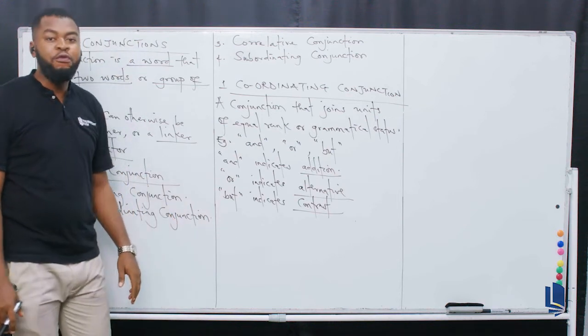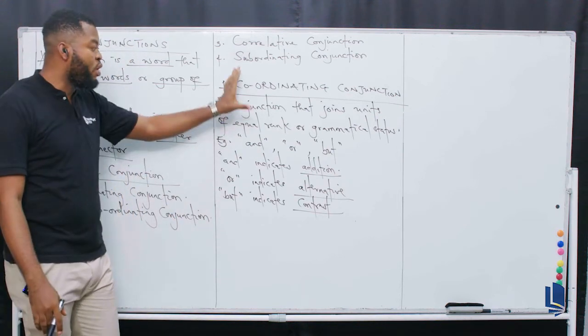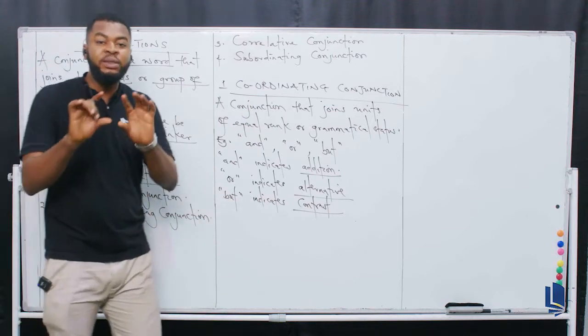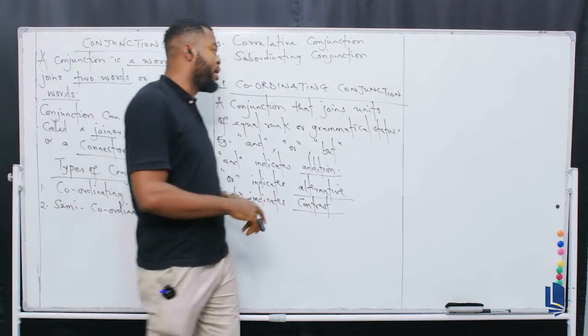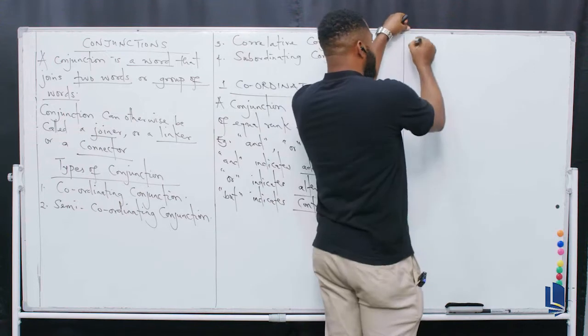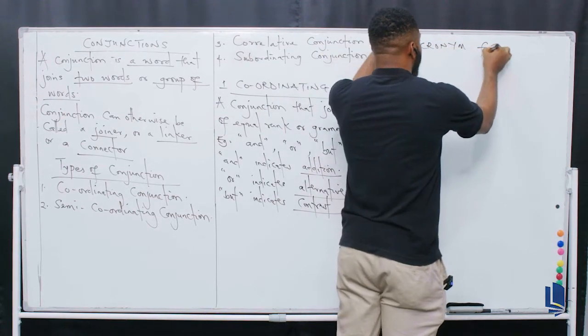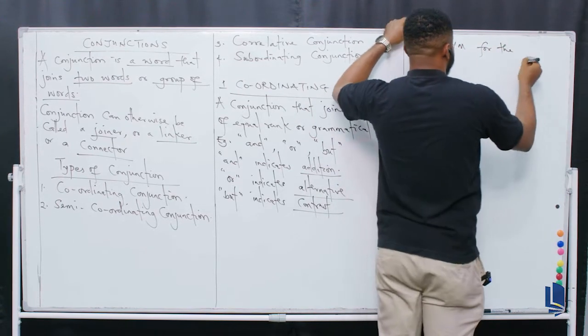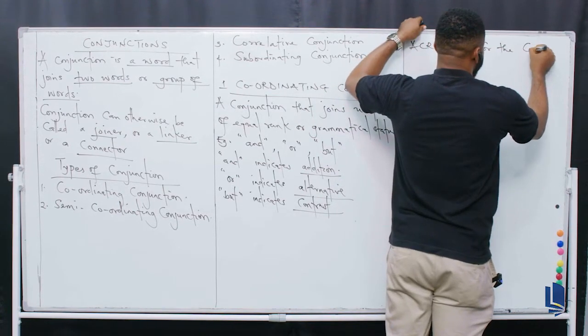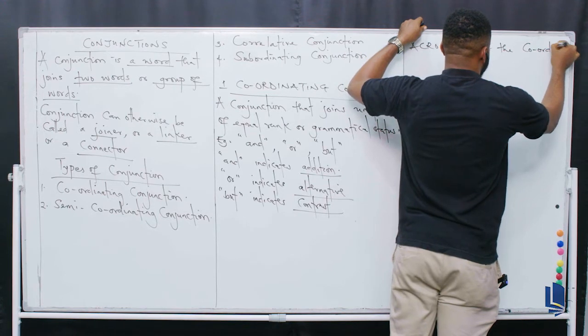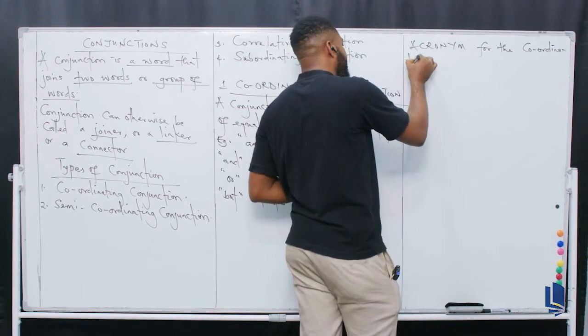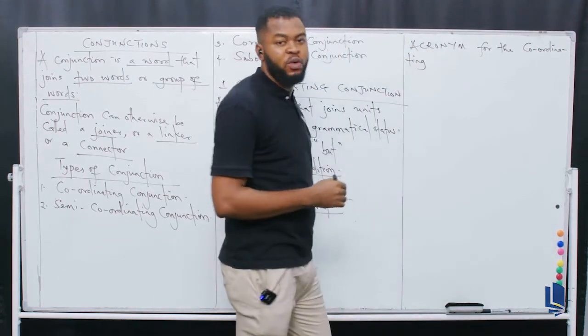Now, the full form of a coordinating conjunction is denoted by an acronym. Okay, so look at the acronym. So this is an acronym for the coordinating conjunction. Don't forget, acronym for the coordinating conjunction.